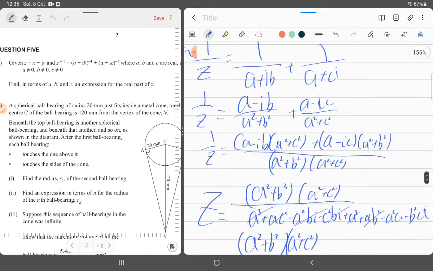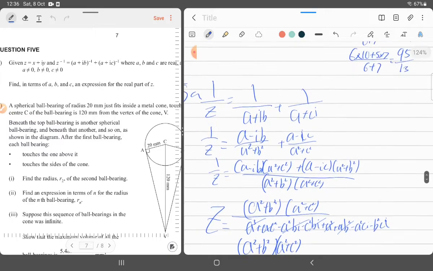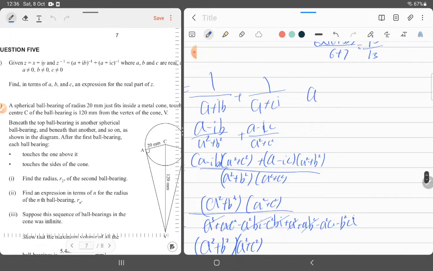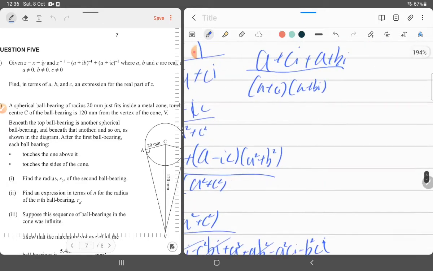So 1 over Z. Oh, actually, no, I did. I probably should have just done a plus ci plus a plus bi, all over a plus ci, a plus bi, then just take the reciprocal.